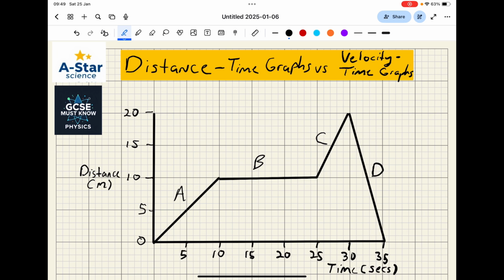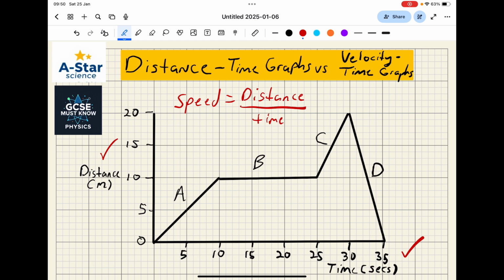So let's look at this distance time graph and what it means. Notice you can see distance on the y-axis and time on the x-axis, and that could be any time unit and any distance unit. So when we look at the points A, B, C, and D, we can calculate speed by using the formula distance divided by time.